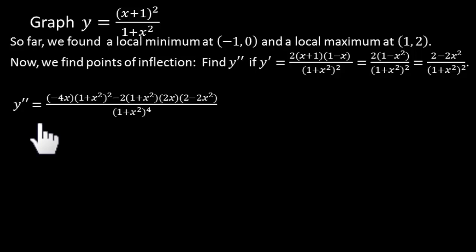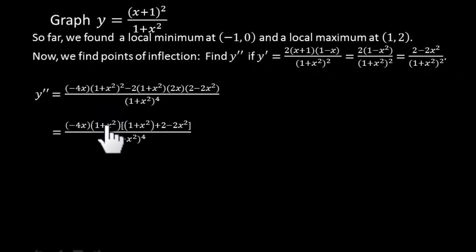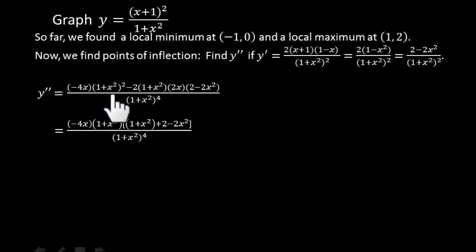Okay, let's just simplify those. So you see that the quantity 1 plus x squared is a common factor, so pull that out. And we see what else is a common factor. We see that 4x is a common factor because it's here and it's here as well. In fact, it's the negative 4x that's a common factor. So negative 4x is a common factor and 1 plus x squared.